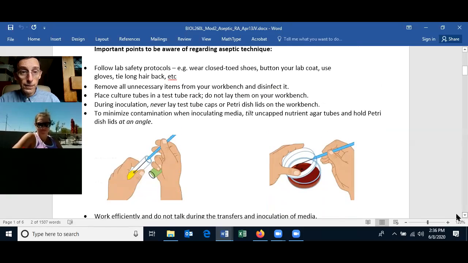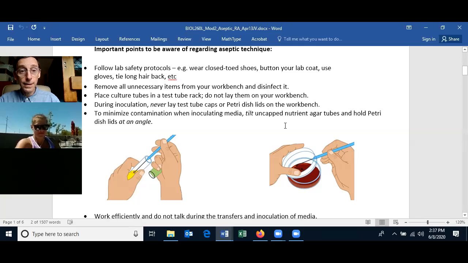Follow the lab safety protocols like wear closed-toed shoes in your virtual lab, button your lab coat, use gloves, tie your long hair back, etc. Work on your workbench and disinfect it before you begin work and then after you're done. You just need to do it virtually.